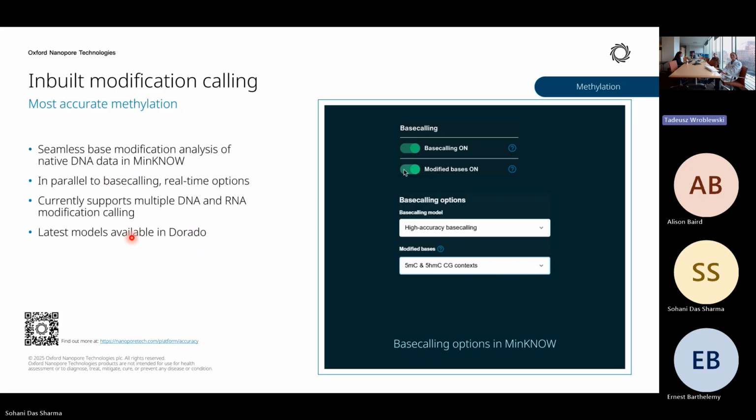So just to clarify, this box is all for base calling off of the squiggle, right? The electrical current. Yeah. We also have that electrical current data saved as well, meaning all of this can be rerun post hoc.